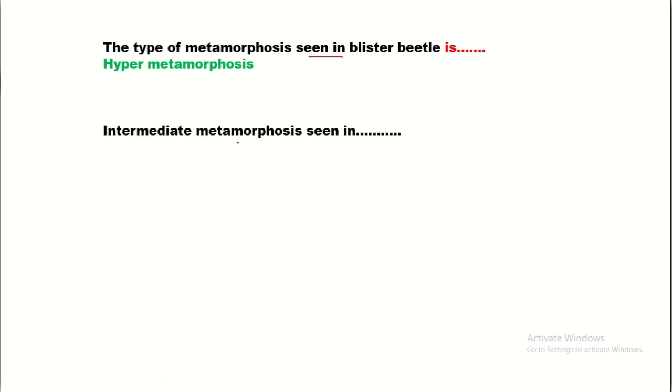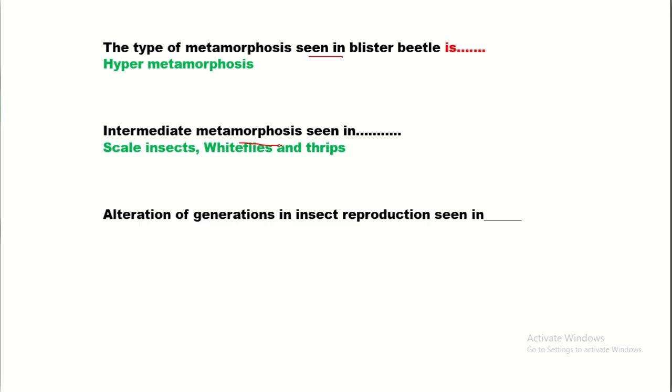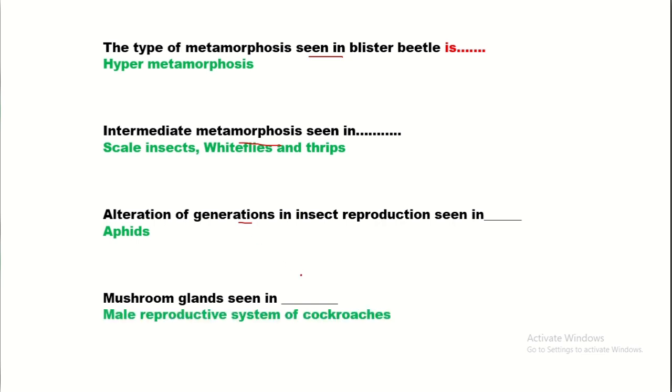Intermediate metamorphosis is seen in scale insects, whiteflies and thrips. Alternation of generations in insect reproduction is seen in aphids. Mushroom glands are seen in the male reproductive system of cockroaches.